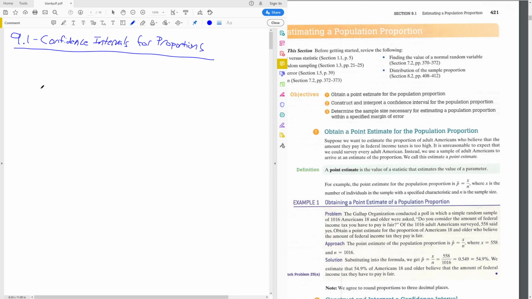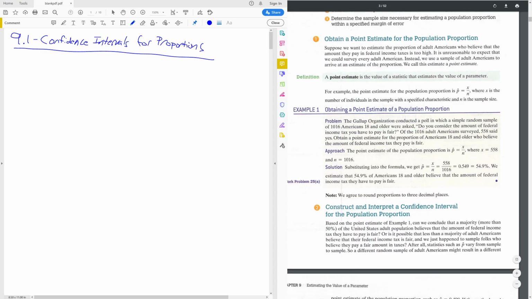For example, and this is in section 9.1 in the book, which I've posted, I'm just going to read through this first little idea here, how to obtain a point estimate. Suppose we wanted to find an estimate of the proportion of adult Americans who believe the amount they pay in federal income taxes is too high.